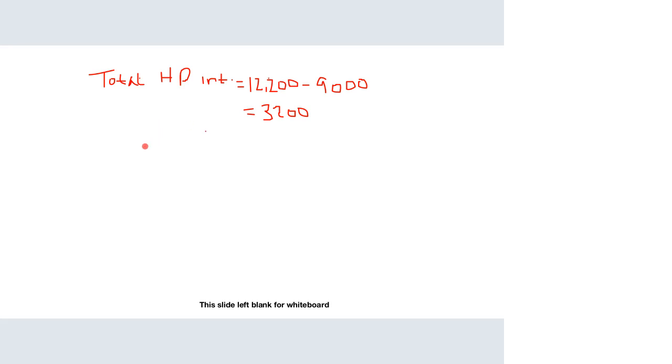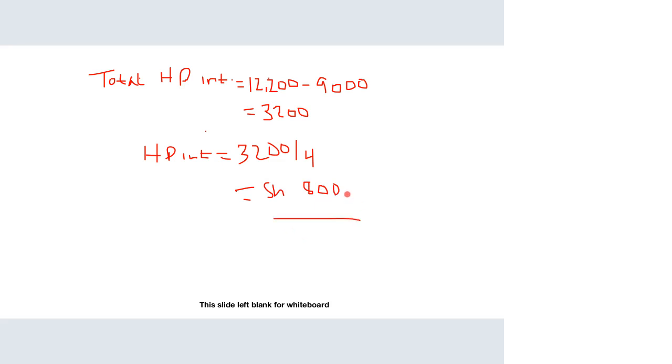So the hire purchase interest per year will be 3,200 divided by 4. So again, that will give us 800 as the interest that will be paid per year.